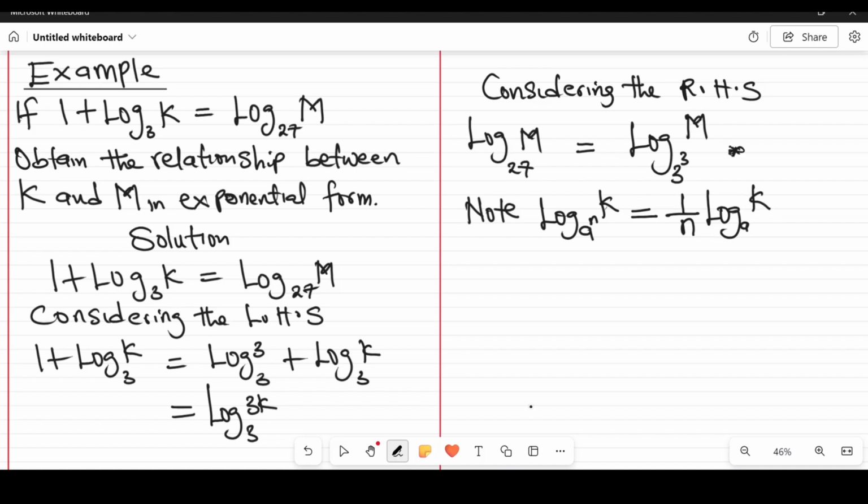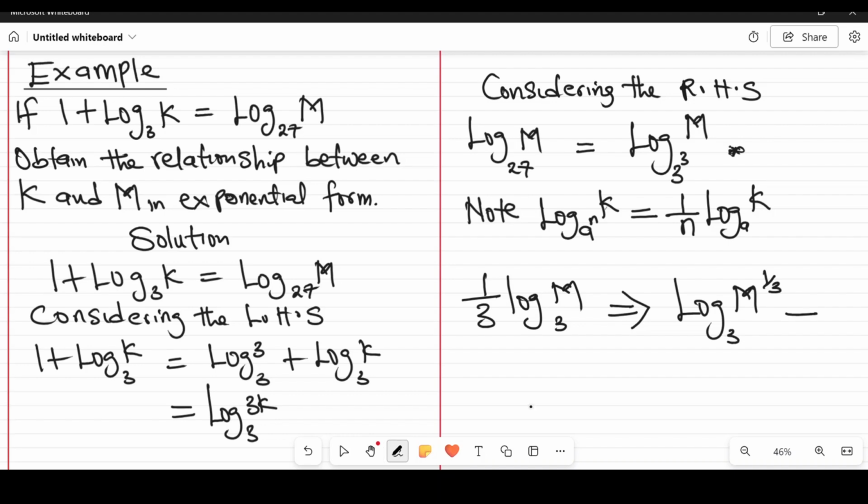If we apply that in our equation, this becomes 1 divided by 3 log of n to base 3. And from our index law, this can further be simplified as log of n raised to the power of 1 divided by 3 to base 3.